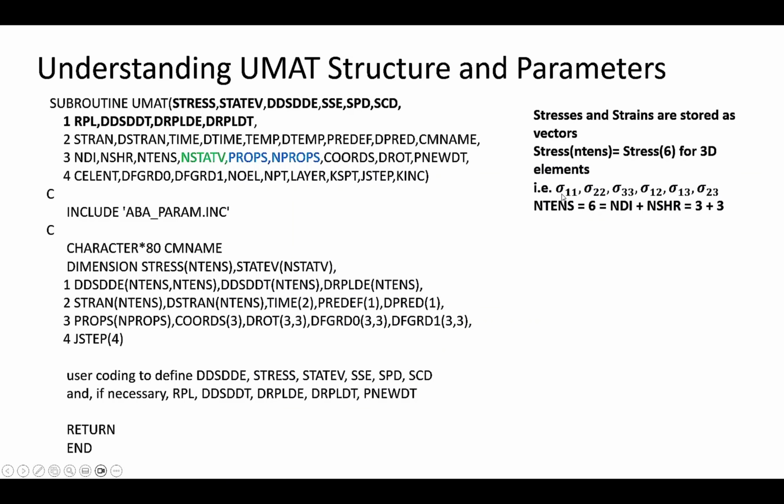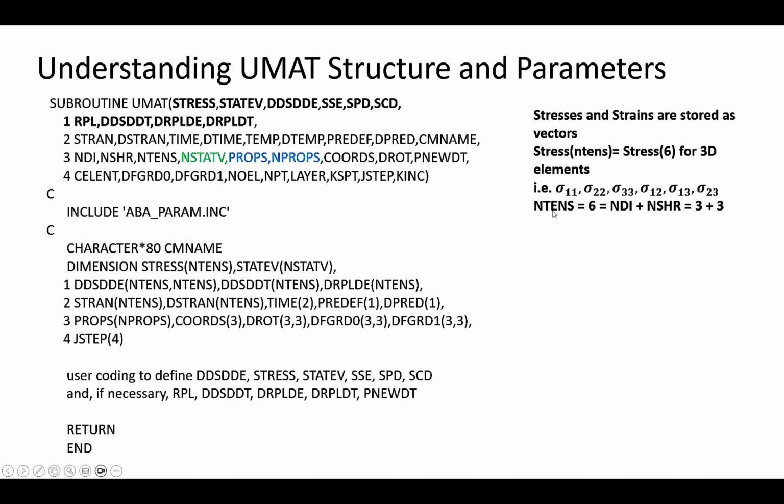Again, if you are confused with 11, 22 directions, 1 is x direction, 2 is y direction, and 3 is z direction. So sigma 11 will be sigma xx in contrast to any stress analysis definition, and sigma 23 will be sigma yz, which is a shear component of stress in the yz plane.